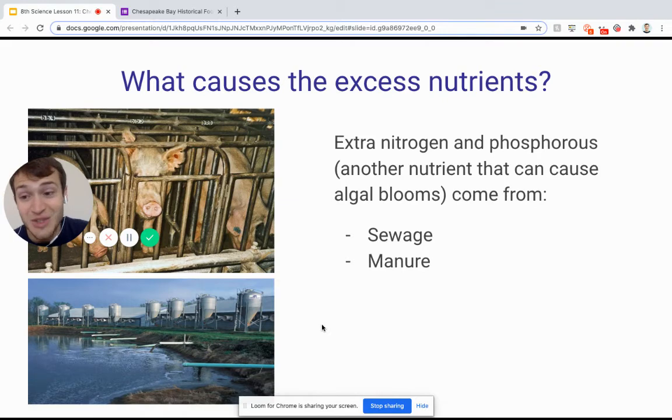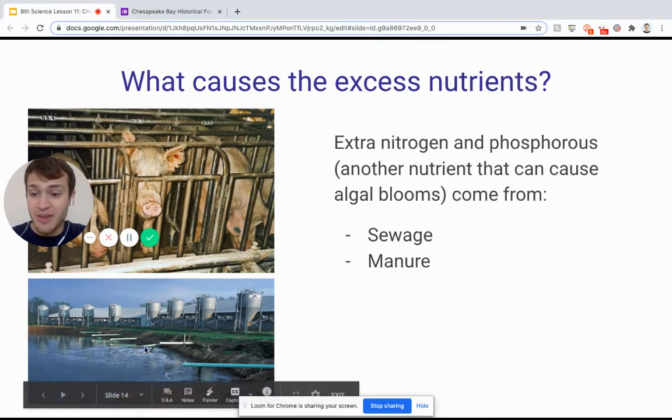But as you can see, when it rains, maybe you can guess what happens. If it rains a lot, this pond is going to overflow, and all that poop runoff is going to go to the nearest waterway, which could eventually end up in the Chesapeake Bay. Super gross to have even just a little bit of this poop go into the Chesapeake Bay.